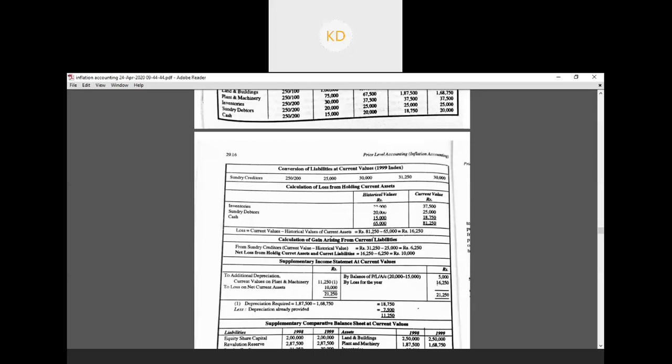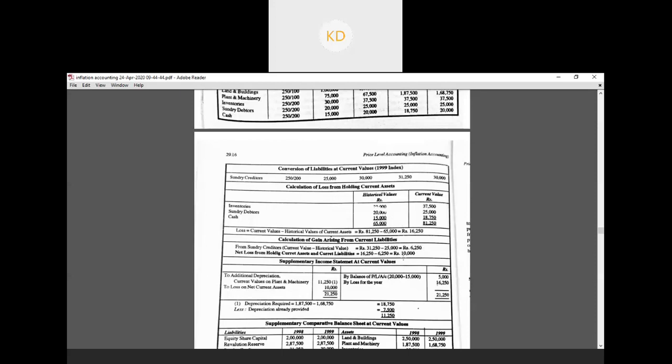Current liability opening value is 31,250. Opening value at historical cost is 25,000. So I am getting a gain of 6,250. Now find out the net loss or net gain. Monetary loss I had on assets is 16,250. Monetary gain I had on liabilities is 6,250. When you subtract, you get a net loss.